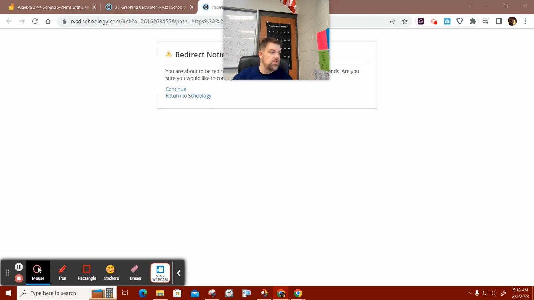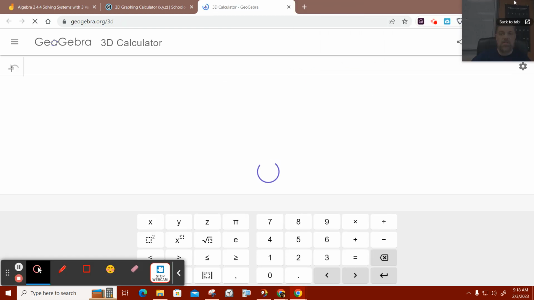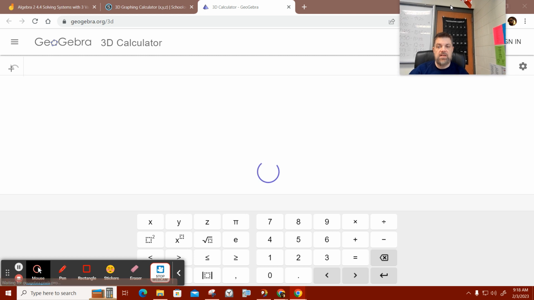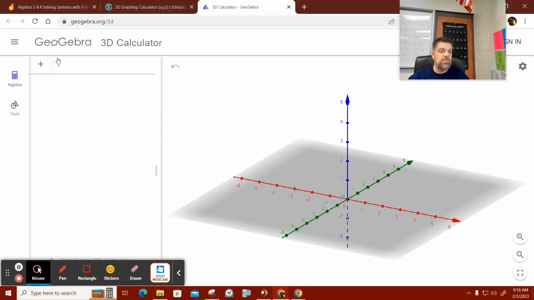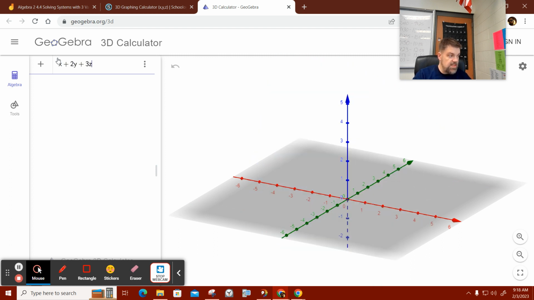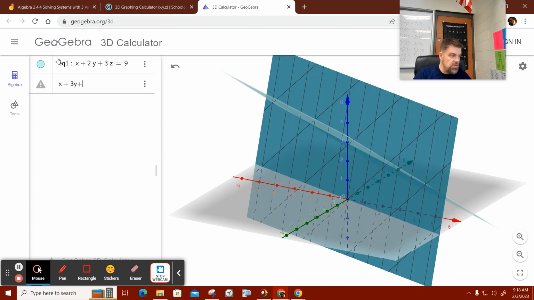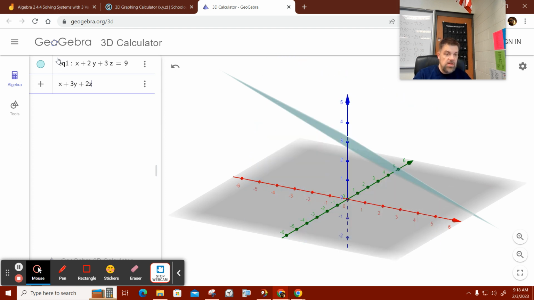I'm going to also type in, oops, I got to move, there we go. Move my face over here a little bit. And now I'm just going to type in the equation. So I've got x plus 2y plus 3z equals 9. That's the first equation. I've got x plus, double check this and make sure that Mr. Adams does not make a mistake, plus 2z equals 5.